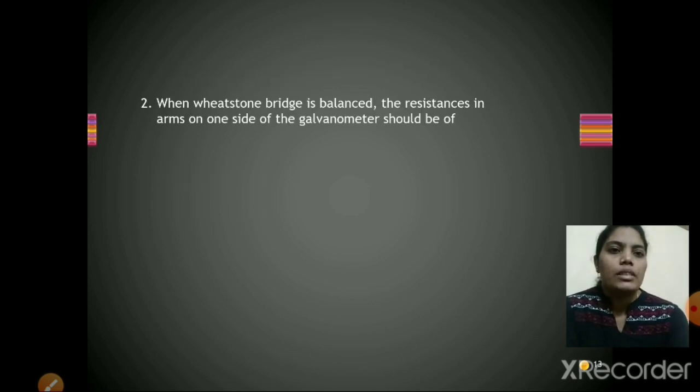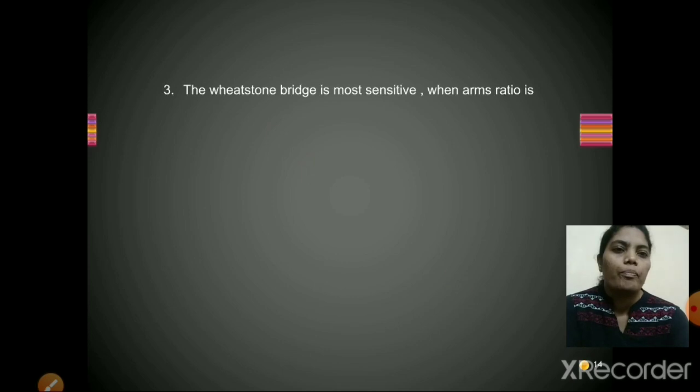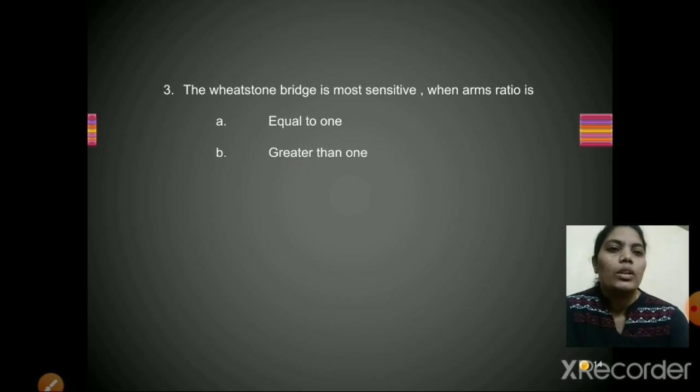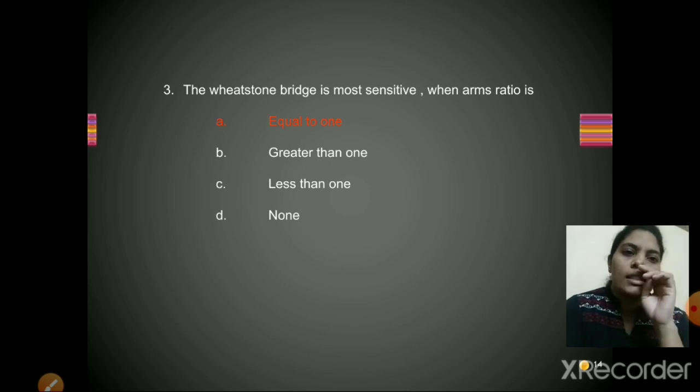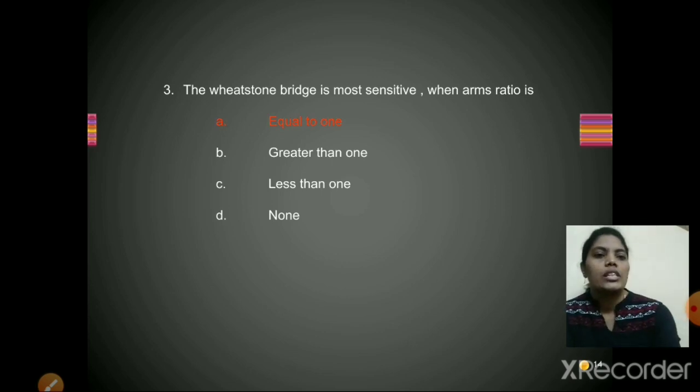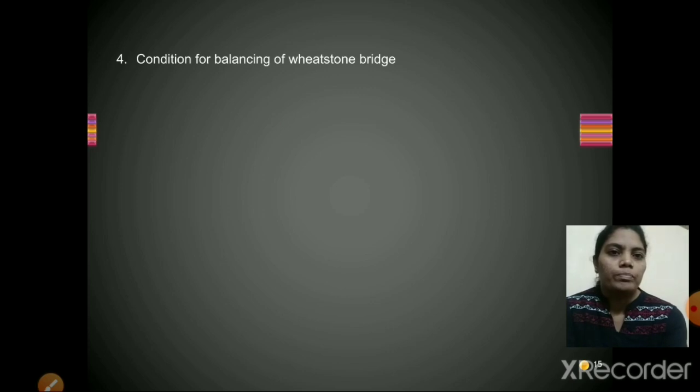When the Wheatstone bridge is balanced, the resistances in arms on one side of the galvanometer should be of the same order, different order, or none. They should be of the same order. The Wheatstone bridge is most sensitive when the arms ratio is equal to 1, greater than 1, or less than 1. It is most sensitive when the ratio is equal to 1.